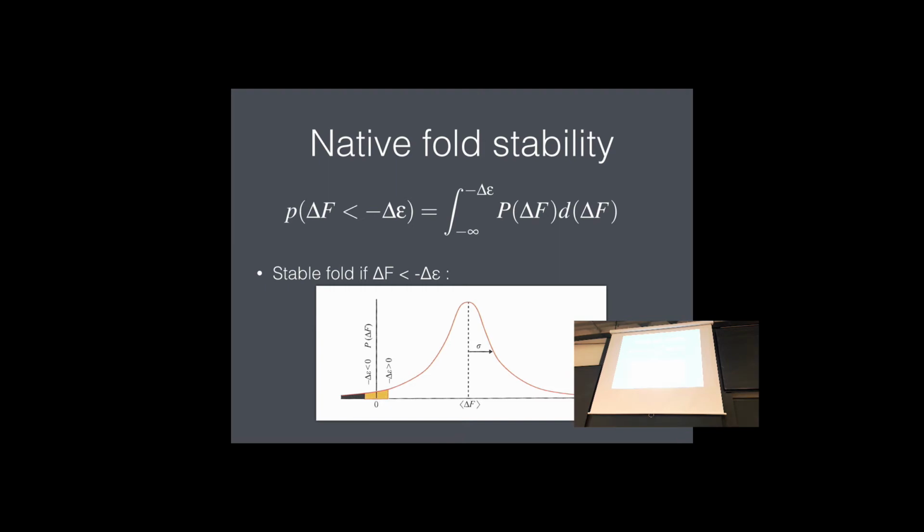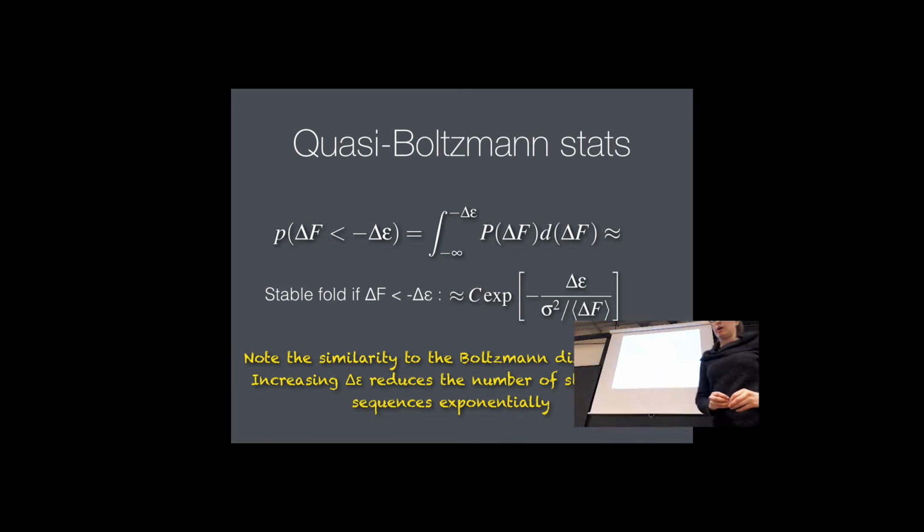And to calculate the probability that delta F is lower than minus delta E, or in other words, the probability that delta F plus delta E is lower than 0, we integrate from minus infinity to minus delta E this probability density function, which is a Gaussian. And this is easy to do because integrating a Gaussian is quite simple.